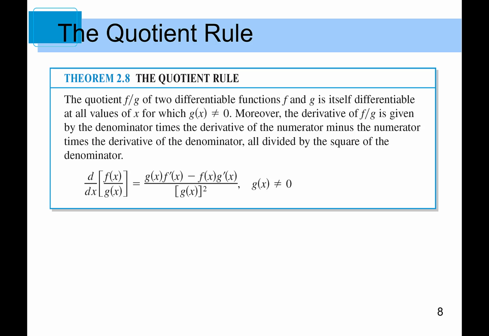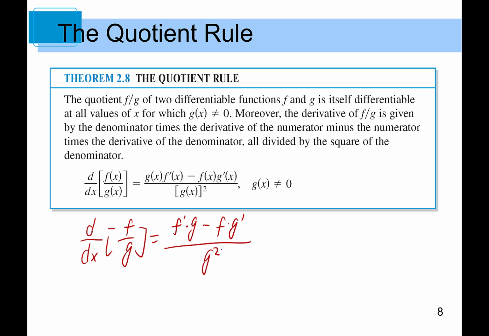So in this case, just like what I did before, f over g gives f prime times g minus f times g prime over g squared.